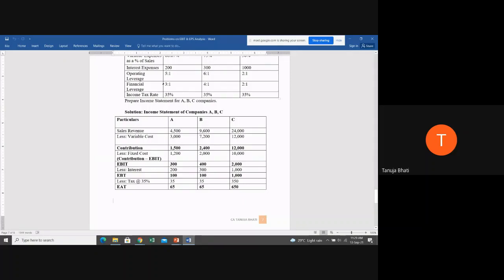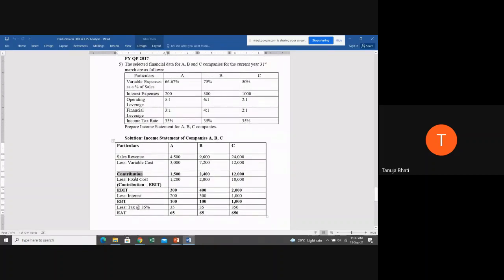So operating leverage they have given as 5 times. 5 to 1 is nothing but 5 times. What is the formula for operating leverage? Contribution divided by EBIT. Now, how do we arrive at this contribution? Do we know the contribution in the problem? No, in the problem it is not given.